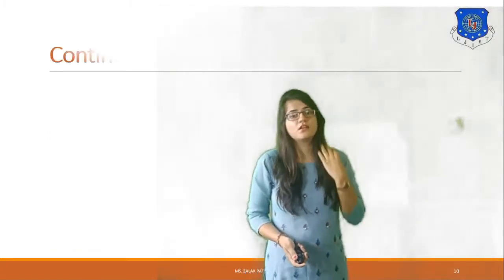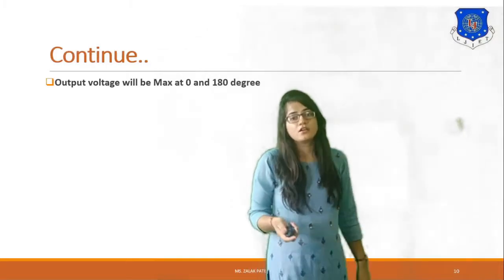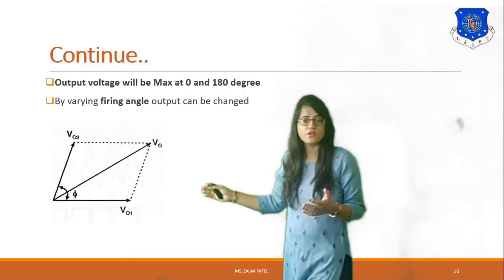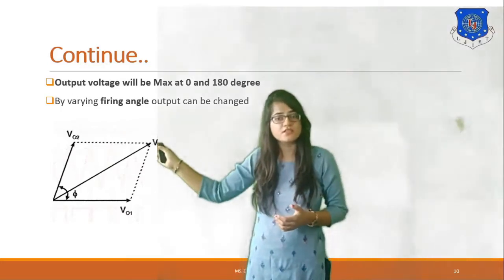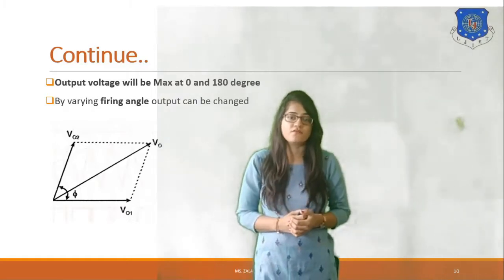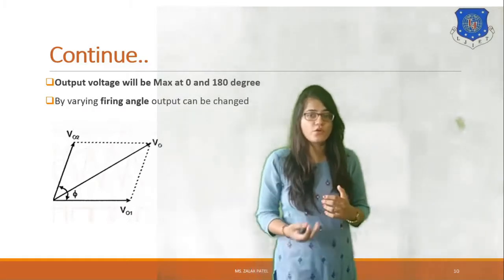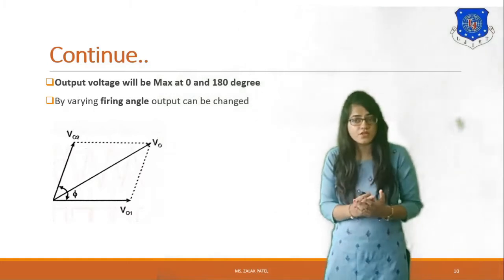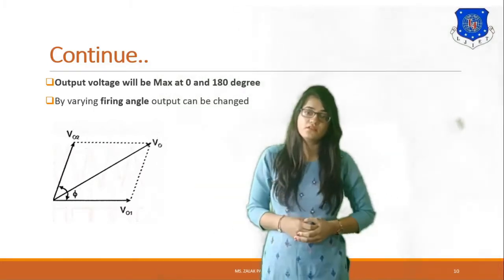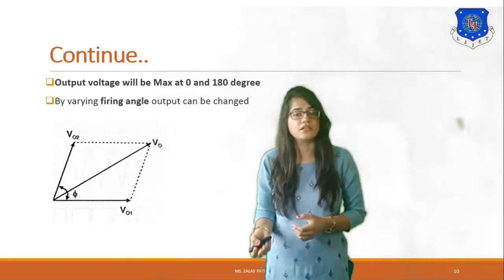In this figure, the two output voltages are shown, V01 and V02, and by the summation of these vectors V01 and V02, we get the output voltage. It gets maximum when the angle is 0 degrees, and minimum when it is 180 degrees, and it is intermediate at 90 or 270 degrees.